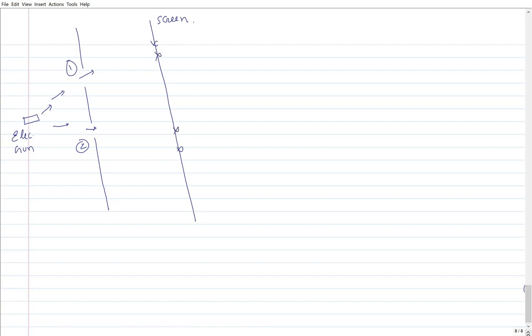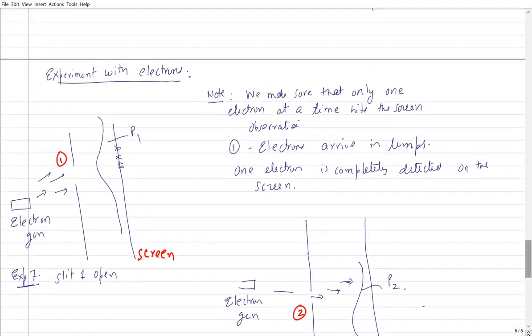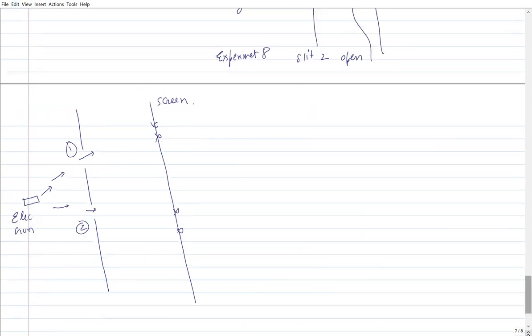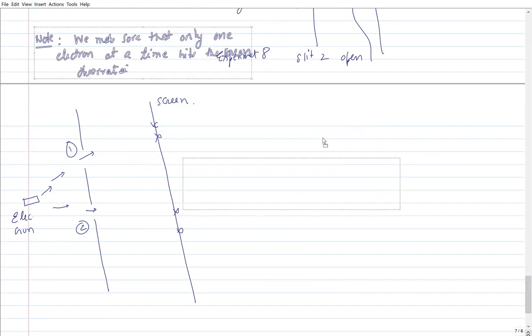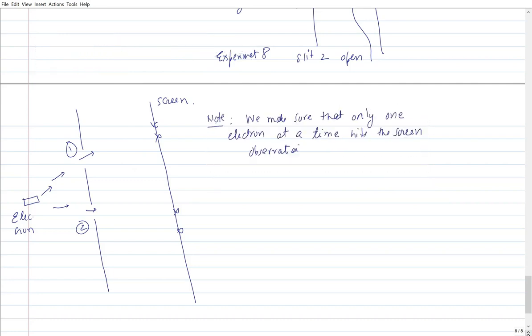Of course, mind you, make sure the same thing: we make sure that there's only one electron in this entire experimental setup at a particular point of time. So maybe what you can do is start this experiment, and each day you are sending only one electron. Day 1 you get one click, day 2 you get another click, and so on, making sure that there is only one electron at a time.